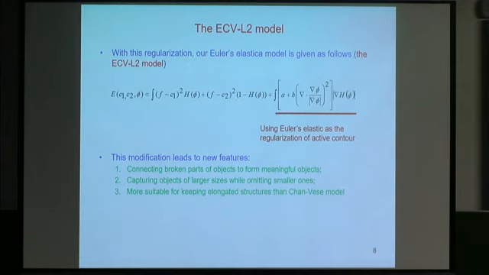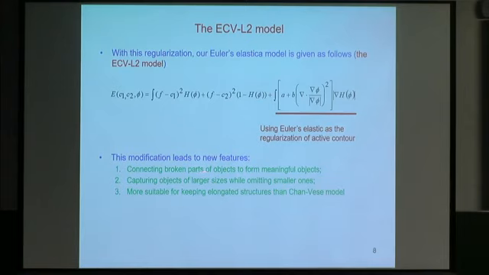The first term, the fitting term, is exactly the same; H phi is either positive or 0, or something reversed. By doing this very simple substitution, we find that it gives us a lot of new features. The most important one is completing broken parts.